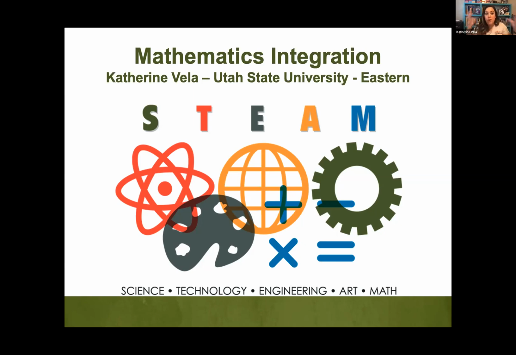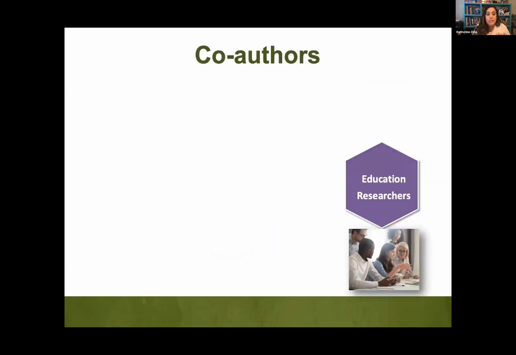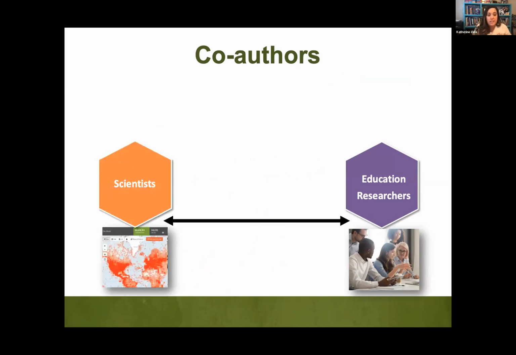Kathy mentioned our large group and how we're creating curriculum that will be used for our gardens. Our team for creating those lesson plans starts with our education researchers. We start creating the lessons, and then we work with scientists to make sure the content is accurate and any other connections we're not thinking about can be made.